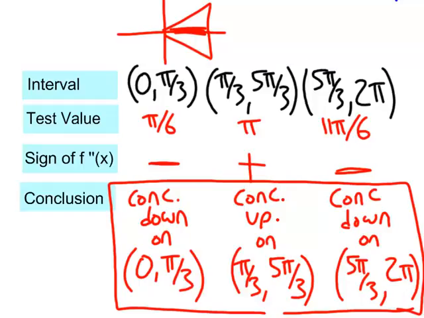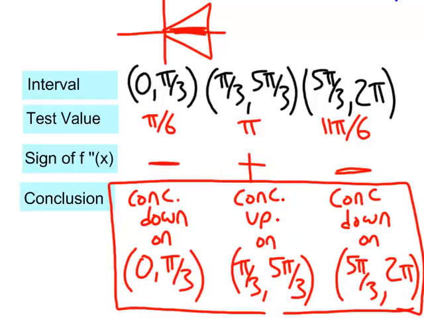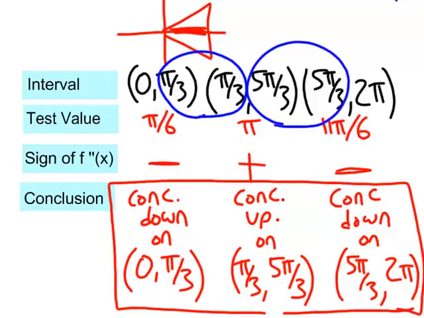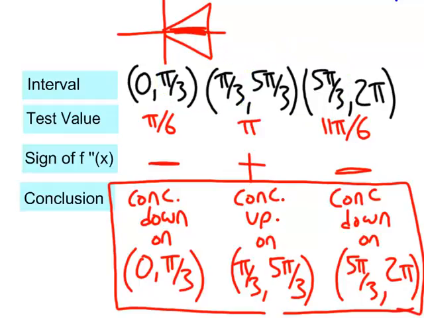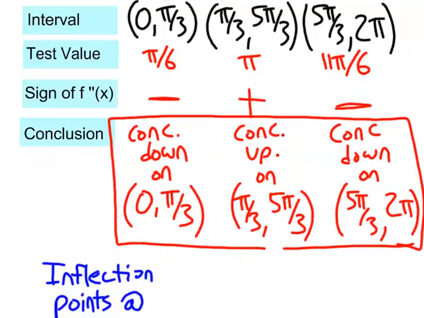And as far as points of inflection go, since the second derivative did change signs, we have verified that those possible points of inflection are actually points of inflection. So we'll go ahead and document those as being at, see, pi over 3 was one of the values, and then 5 pi over 3 was another value.